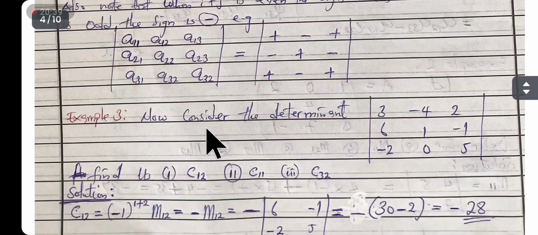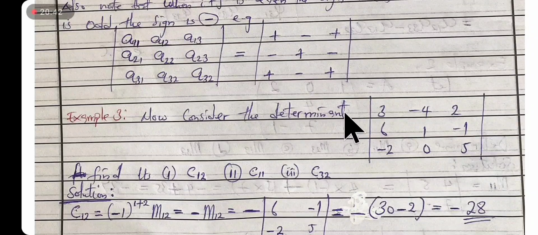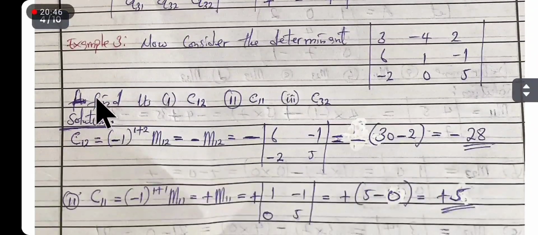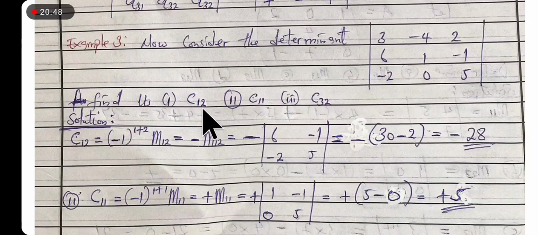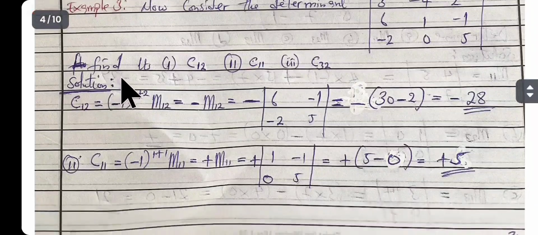Now, for an example, consider the determinant. This is a determinant. Then we are asked to find its cofactors: C12, C11, and C32. All right, let's find it together.